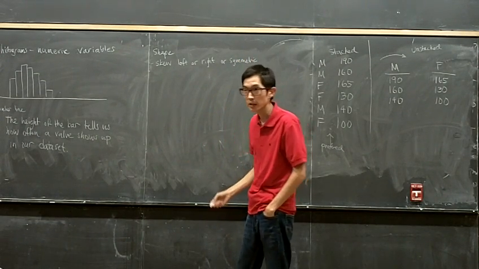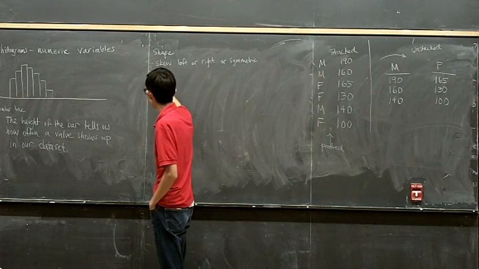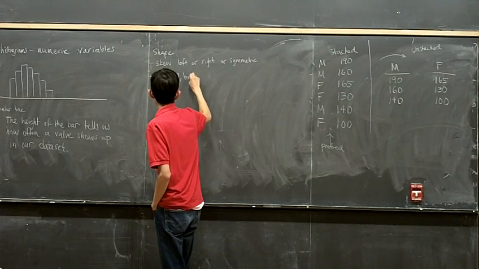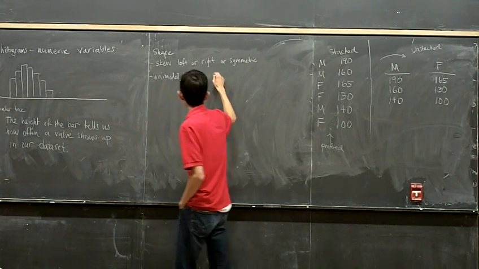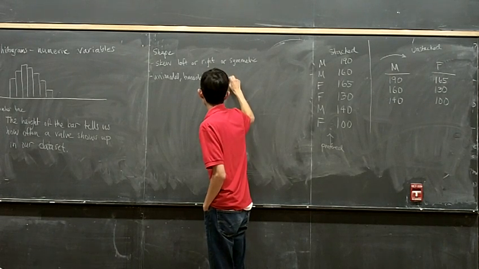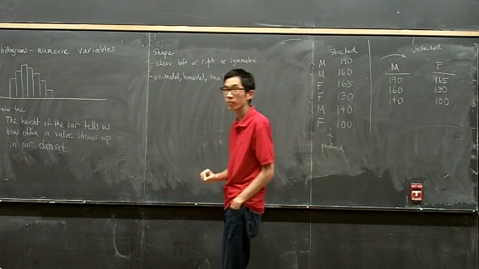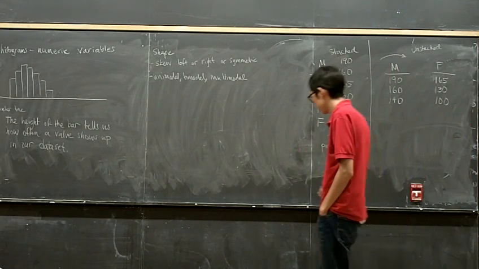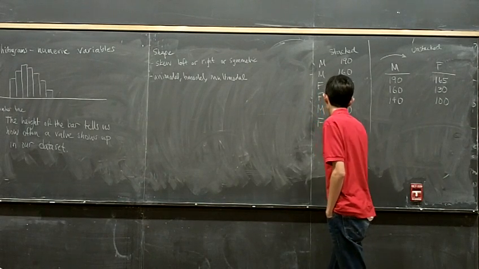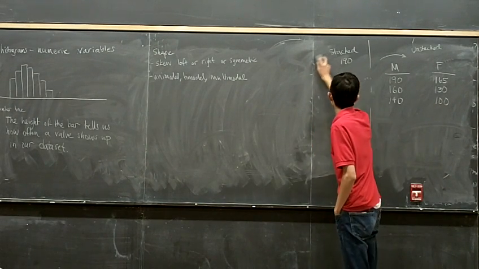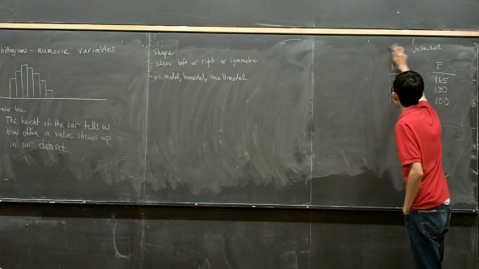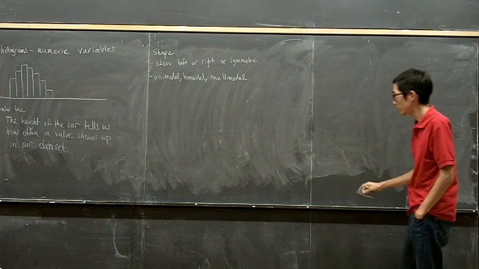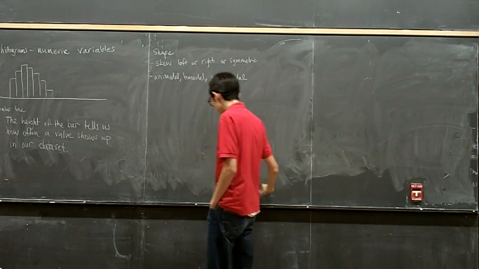How many peaks do we have? Unimodal or bimodal, etc. So that's for a numeric distribution.